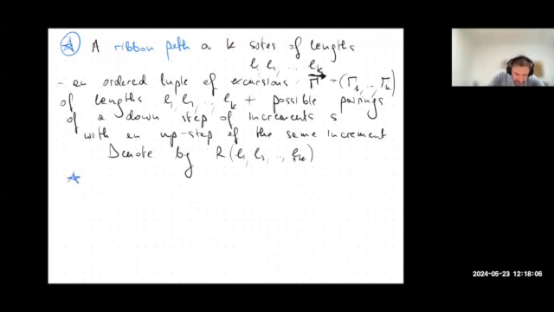And finally, I will finish with this definition and then I will give a big example because there are many objects here. The last thing is a Łukasiewicz path.